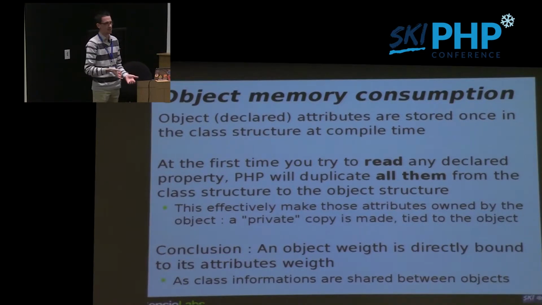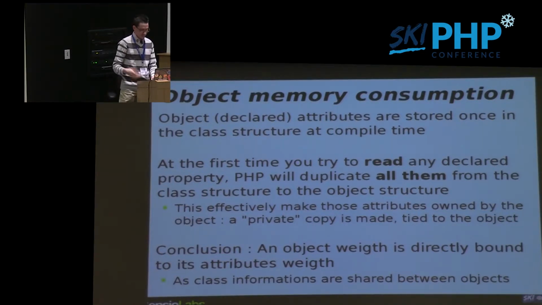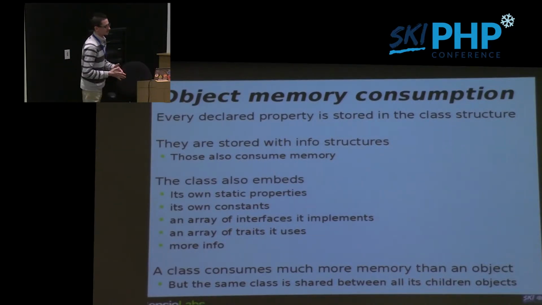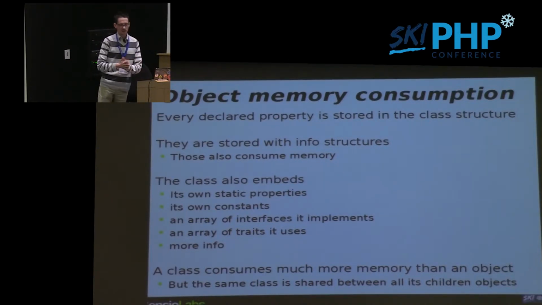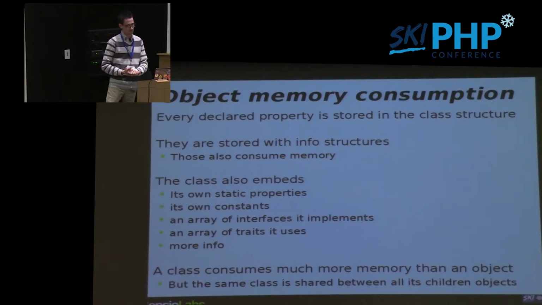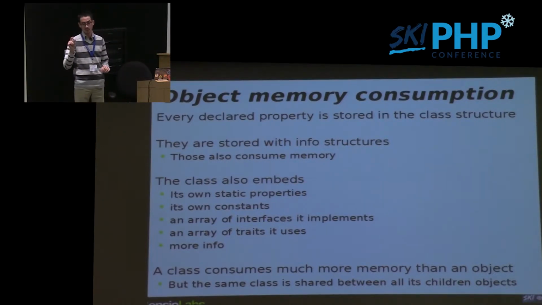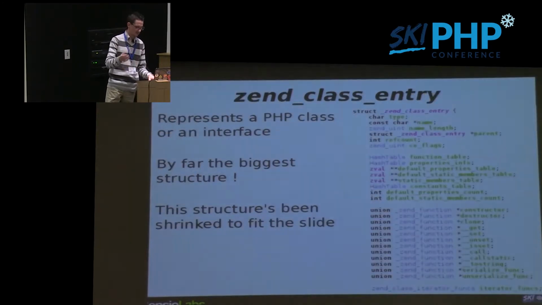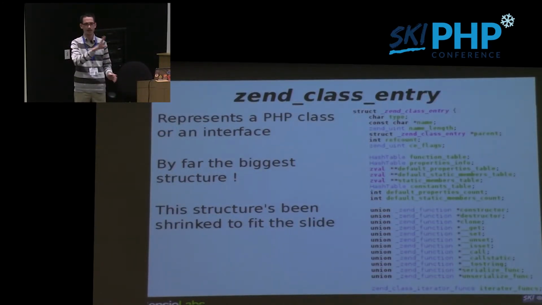PHP duplicates all the attributes and all their values. Every declared property is stored in the class structure with information and lots of things, so the class consumes much more memory. Even a class with nothing: if I go back to show you the class, if you just declare a class A, you will allocate a destructor.